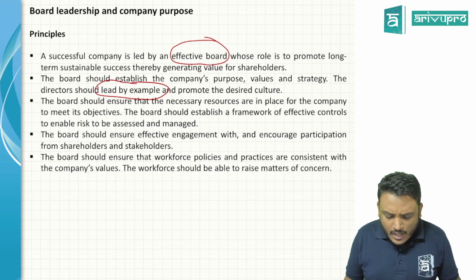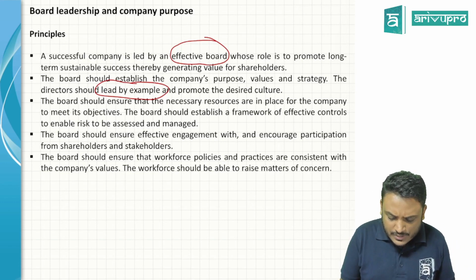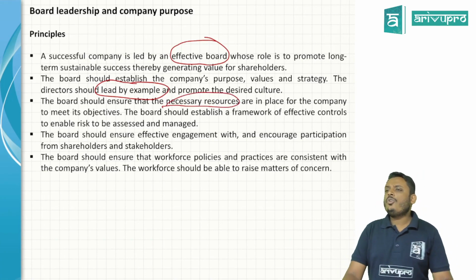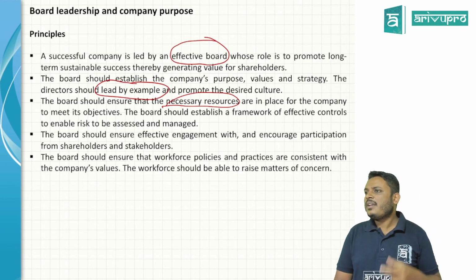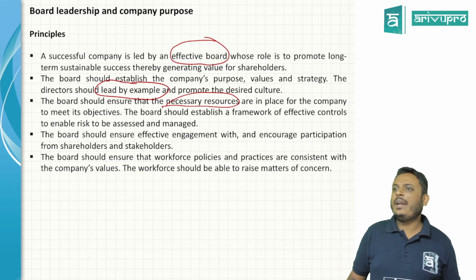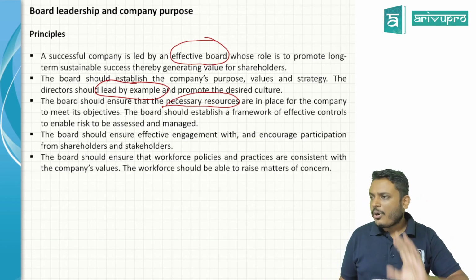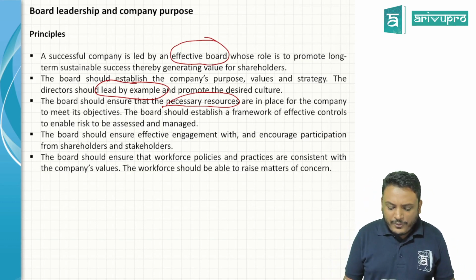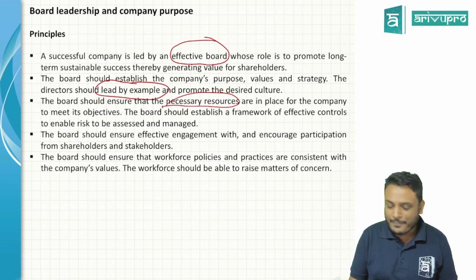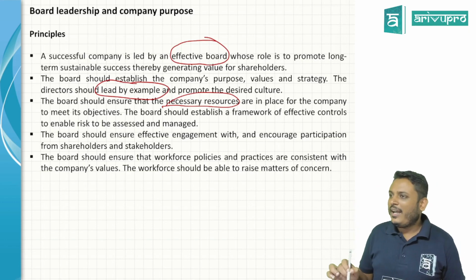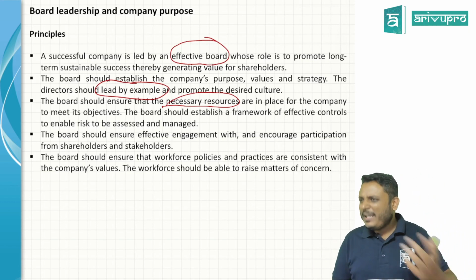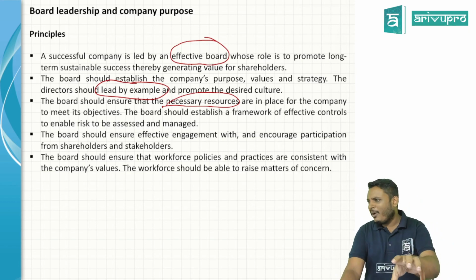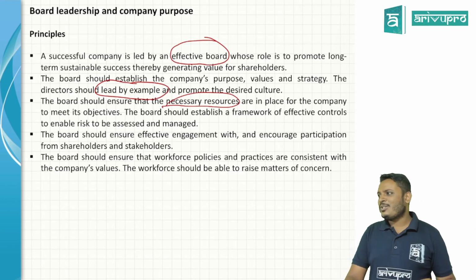Third one, the board should ensure necessary resources. Exactly. The board needs resources to function. Lack of resources is a governance failure. So corporate governance says they need proper resources. The board should ensure effective management with encouragement of participation of shareholders and stakeholders. Simply, not only looking at profit, look at all other requirements as well.